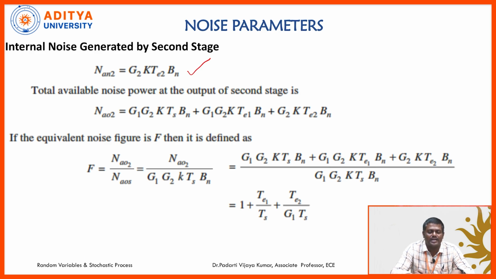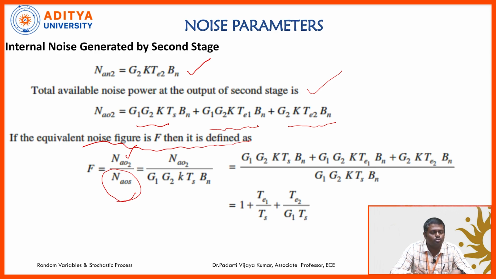It is given as NAN2, and the total noise power at the second stage is due to the source, due to the first noise amplifier which is amplified, and due to the second source acting alone. Now the total or the average equivalent noise figure is the noise figure when it is a noiseless network, and whenever there is a noise to the noiseless network, noisy network divided by noiseless network.